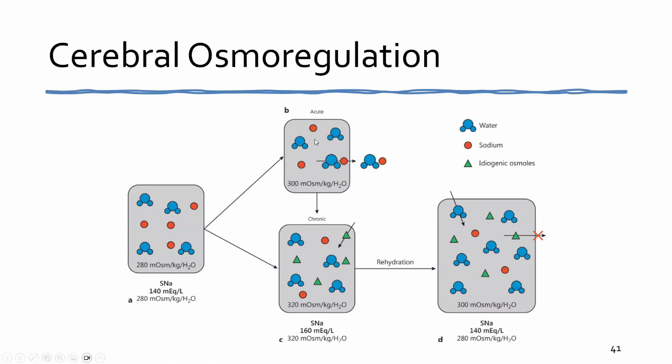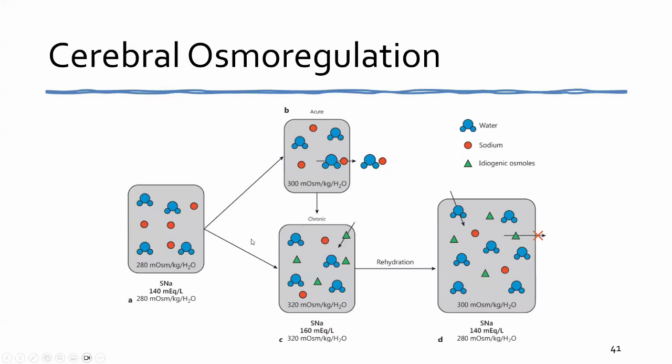The cell above, B, is acute hypernatremia, in which there's excess sodium outside of the cell, and this then causes water to be extracted from the cell and causes loss of cell volume and intracellular dehydration. That is what happens in acute severe hypernatremia.